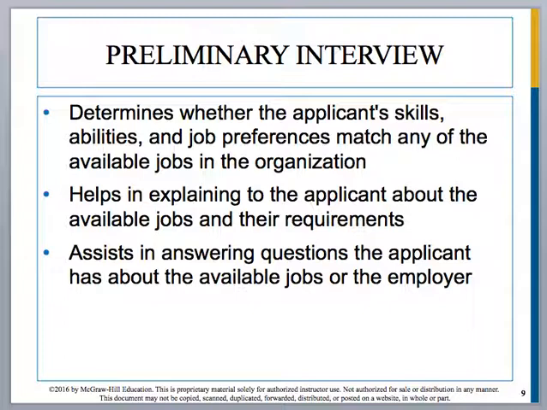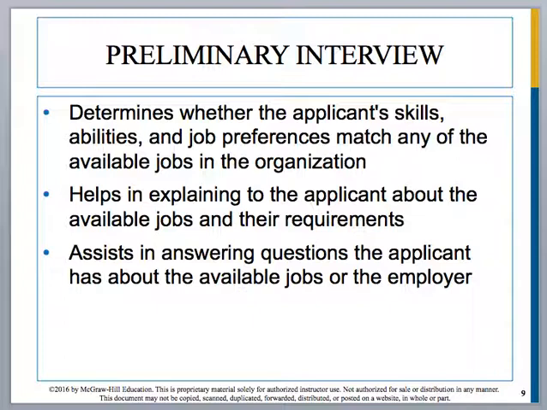So let's go through the preliminary interview. We're going to look at your skills, your abilities, any kind of job preferences, and how they match what we're preferring our candidates to have, and also how your preferences align with what available jobs we have to offer you.